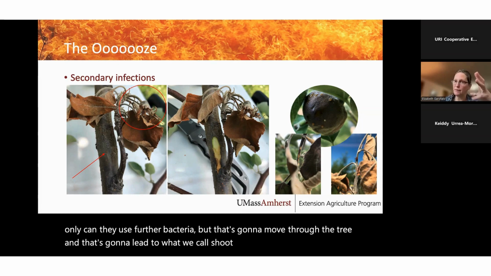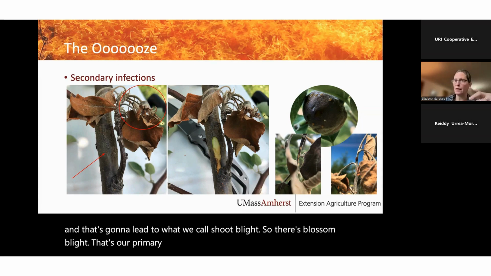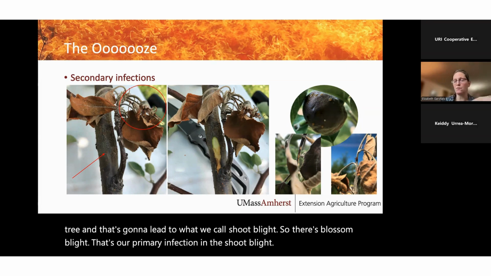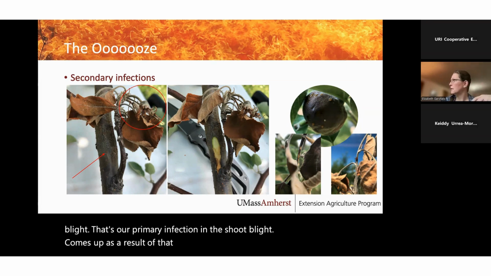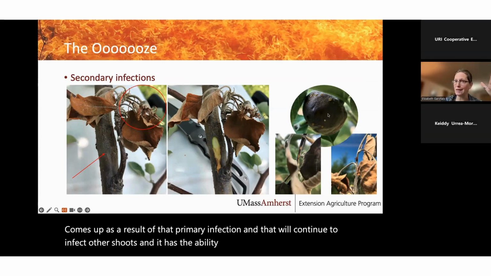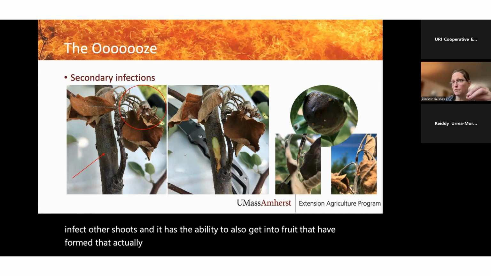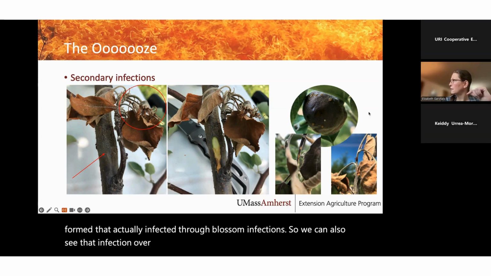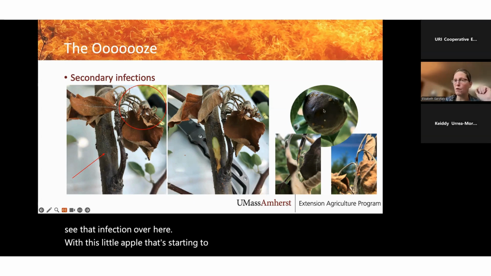So there's blossom blight, that's our primary infection, and the shoot blight typically comes up as a result of that primary infection. And that will continue to infect other shoots, and it has the ability to also get into fruit that have formed that weren't actually infected through blossom infections. So we can also see that infection over here with this little apple that's starting to get all gooey and gross.